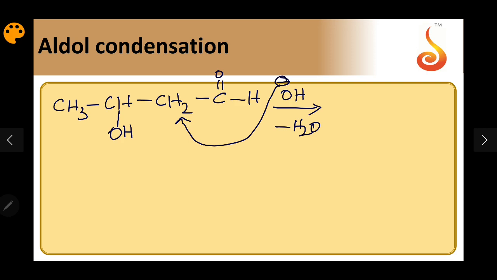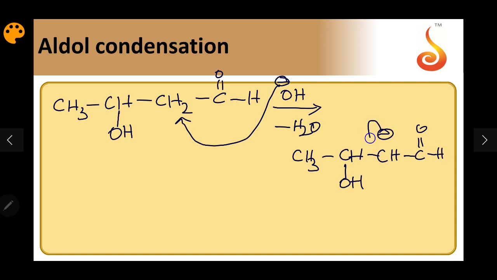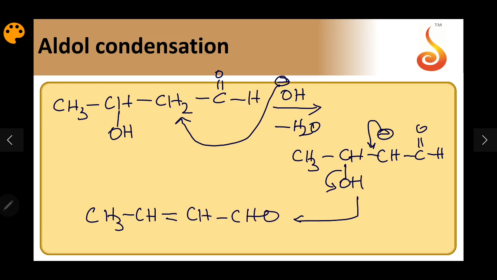So I'll get the conjugate base CH3 CHOH CH minus CHO. This is the conjugate base. So this will move the electron pair here and OH minus is eliminated and forms an alpha beta unsaturated carbonyl compound. So remember, dehydration of aldol is always the E1CB mechanism.